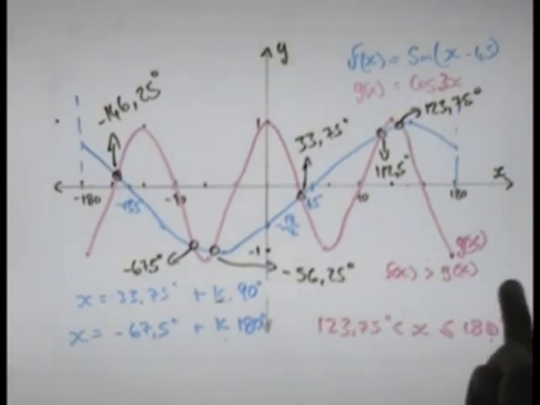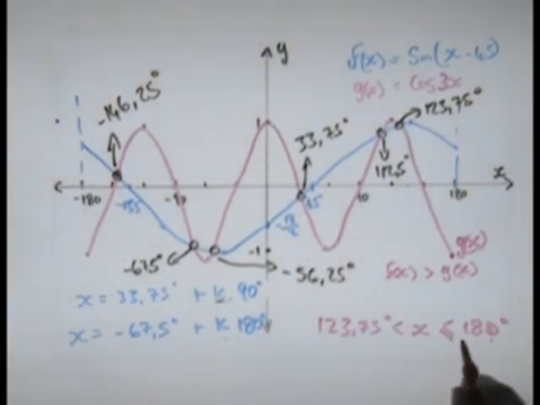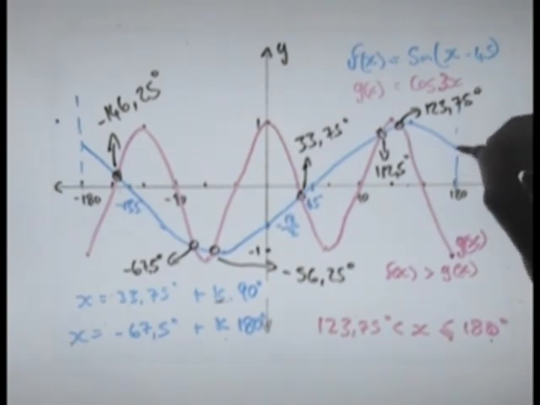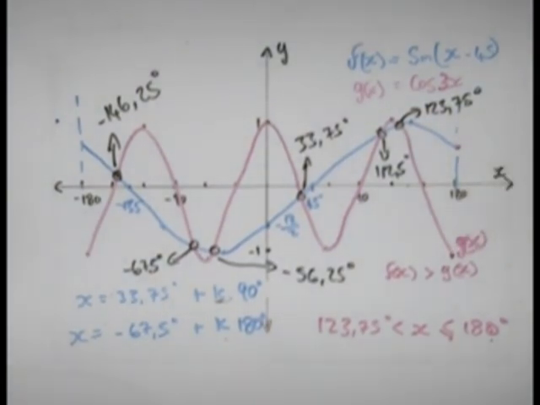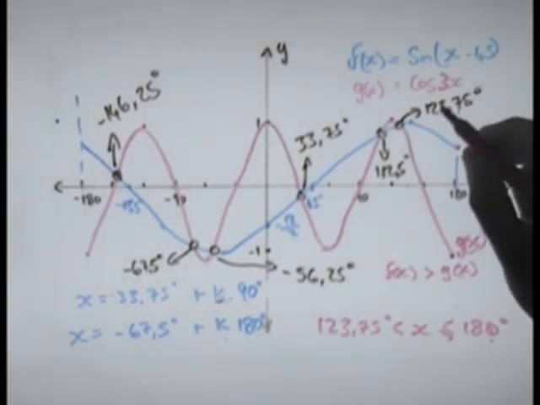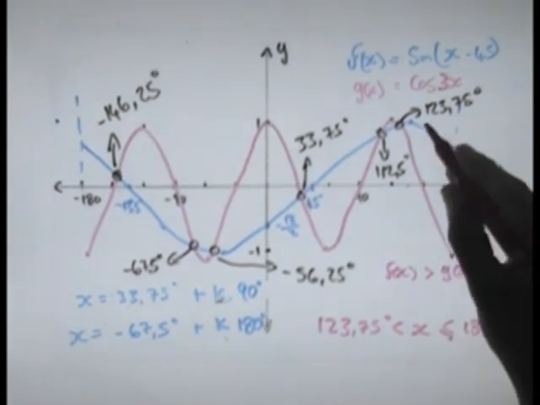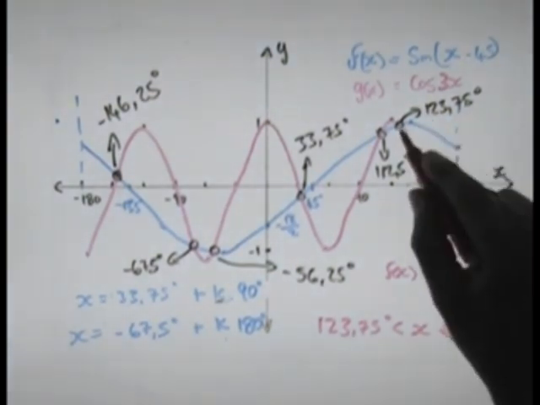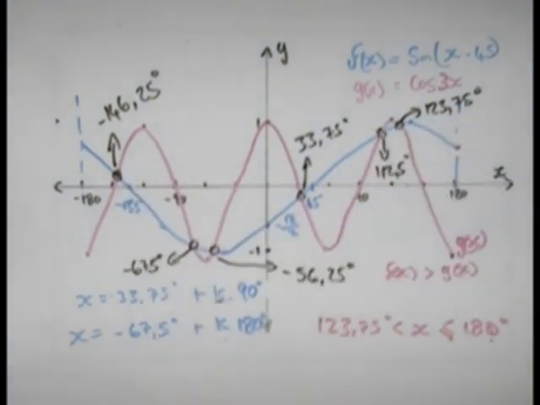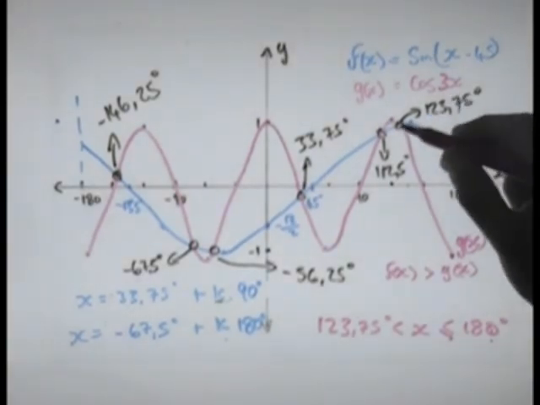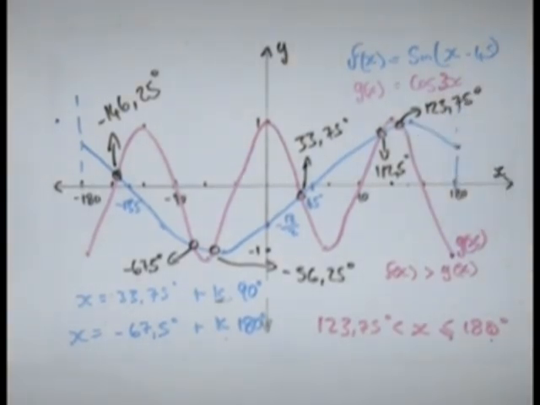Now it can equal 180 degrees because it can be that point. The graph f of x is greater than g of x at 180 degrees. The reason it can't be equal to 123.75 degrees or any of these other points is because that is where the two graphs are exactly equal to each other.